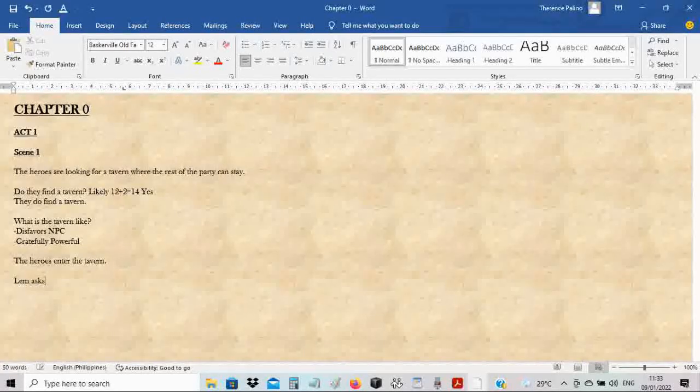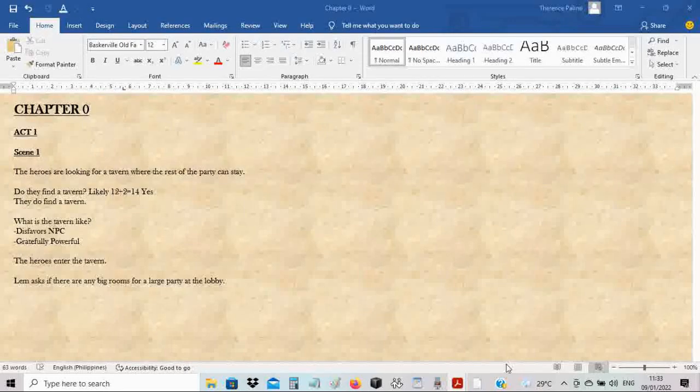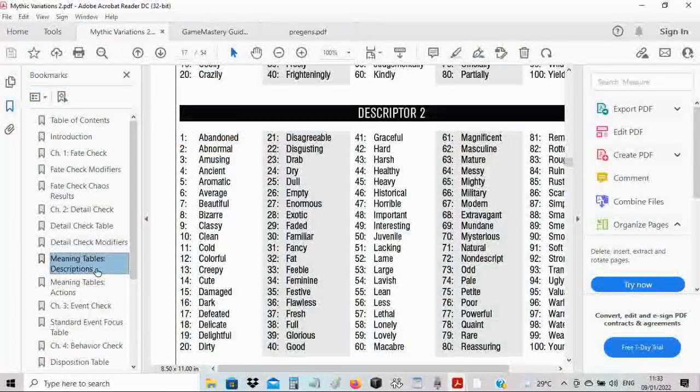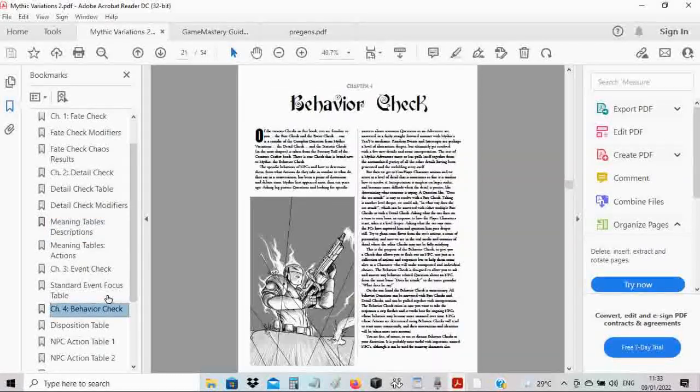Lem asks if there are any big rooms for a large party, at the lobby. Now let's go to the behavior check and see how it works, how it controls the NPCs. Let's skip over the event check first.